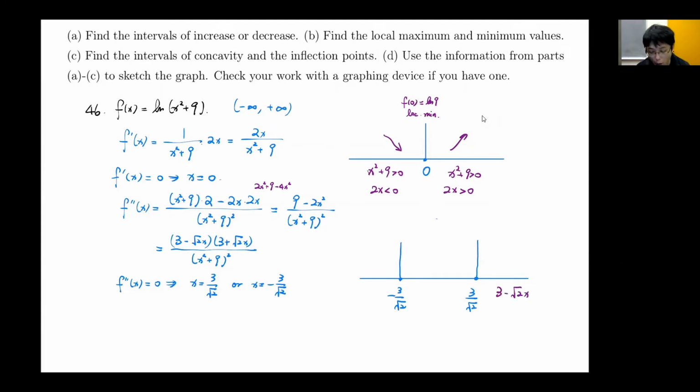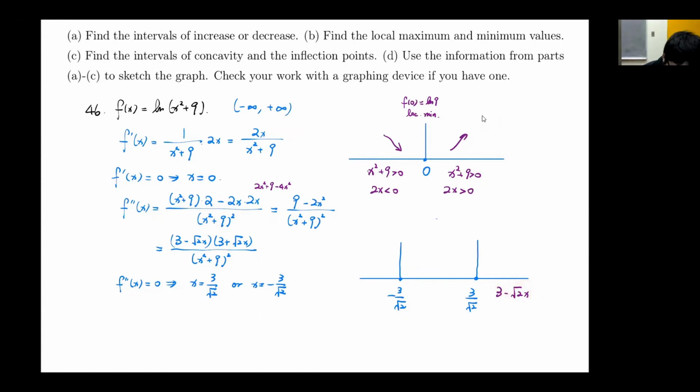So instead of solving the inequality directly, I will just look at what happens when x gets very large. When x gets very positive, because I can certainly make x very positive on the right of these numbers, this becomes very large, so minus root 2 x becomes very negative. A very negative number plus 3 will still be very negative.